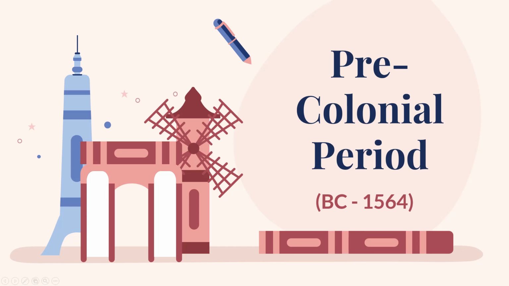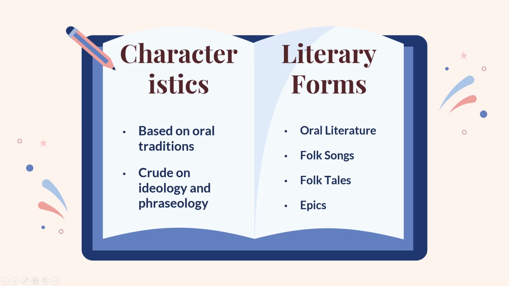First on the list is the pre-colonial period, from BC to 1564. The characteristics of literature in this era are, it is based on oral traditions, and it is crude in ideology and phraseology. The literary forms under the pre-colonial period are oral literature, folk songs, folk tales, and epics.